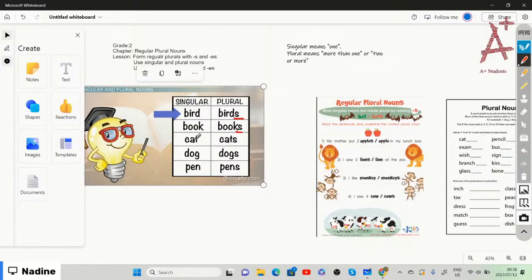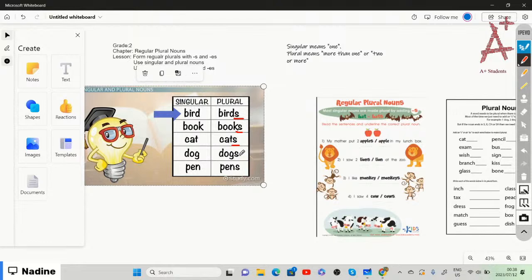One cat, right? We're referring to either one cat, this cat, that cat, a cat. It's only one. Once we are talking about more than one cat, two or more, then we say cats and we add the S to make it plural. Dog, one dog, right? Or we're talking about this dog, that dog, a dog. That's singular.